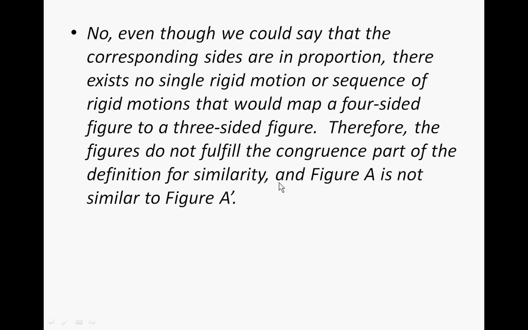So proportionally, those two sides are similar. However, now we're talking about the type of figures, and obviously a 4-sided figure is not going to map onto a 3-sided figure. Therefore, the congruence part is not fulfilled. So the dilation worked out, but the congruence will not work out, and therefore figure A is not going to be similar to figure A prime.